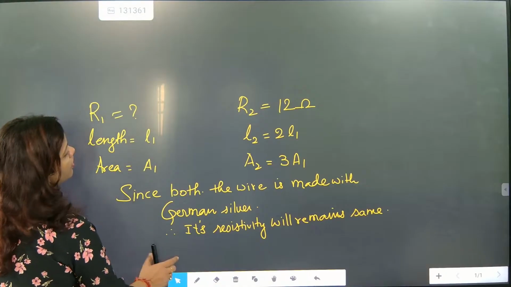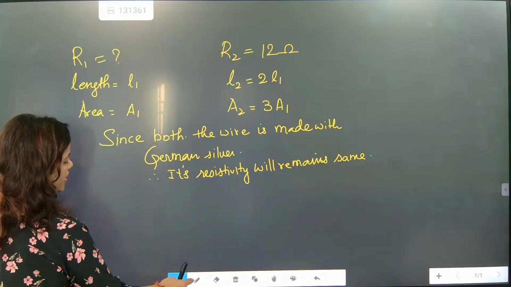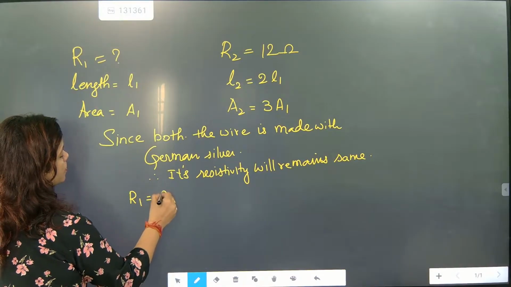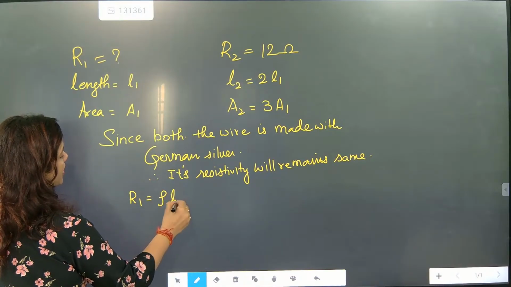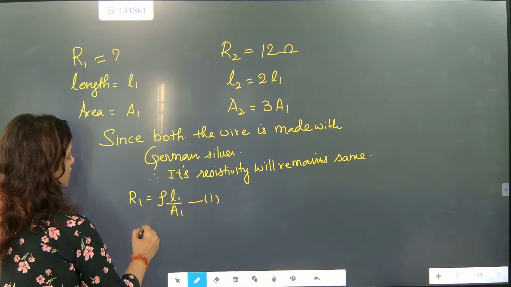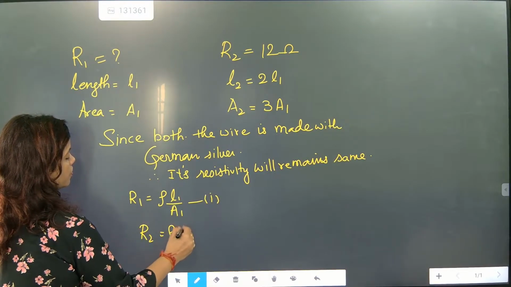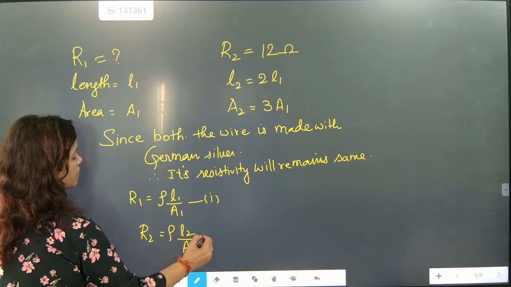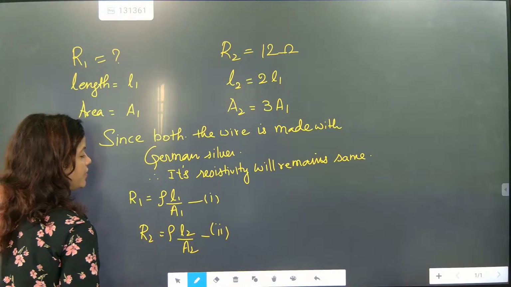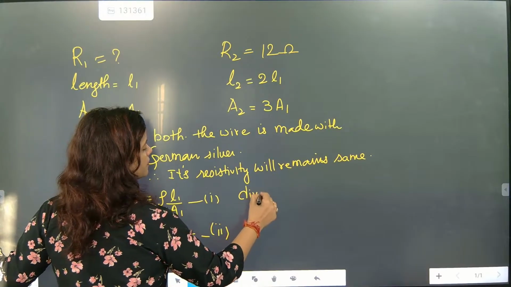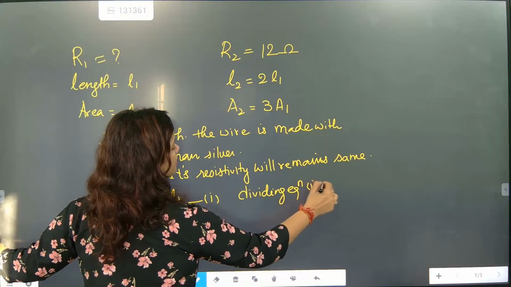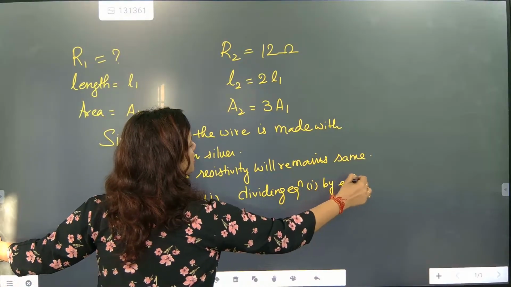So now look here. What we are going to do, we will find case 1 and case 2. Here R1 is equal to rho L1 by A1, equation 1. R2 is equal to rho L2 by A2, this will become equation 2. Dividing equation 1 by equation 2.